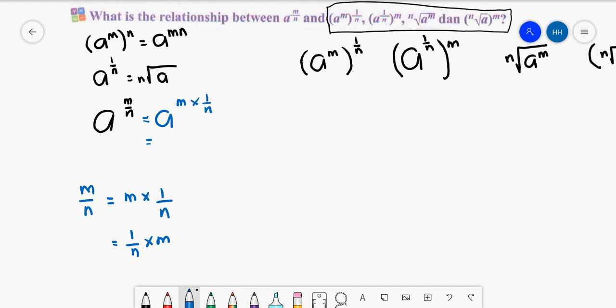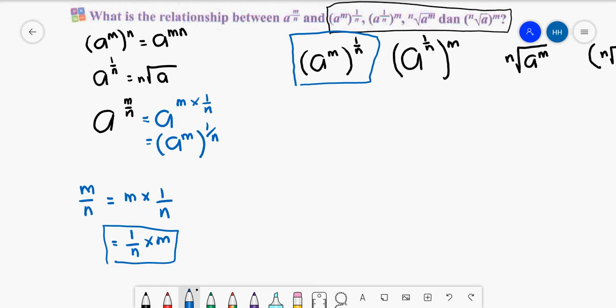So a to the power of m inside the bracket and outside the bracket is 1 over n. Look familiar, right? Actually, this is this one.